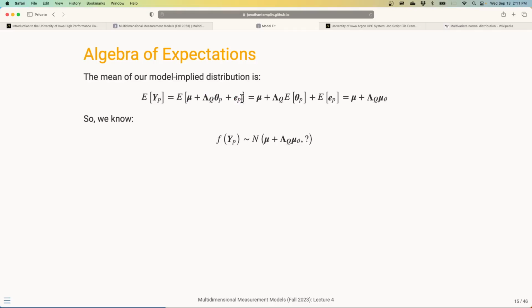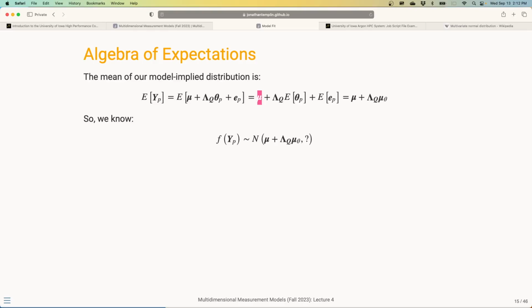And then it turns out there's a whole algebra of expectations in mathematical statistics, so you can do some shortcuts to get expectations to work. We can actually distribute this expectation across the sum. Since we have a sum here, we can distribute it. So mu turns out to be a constant, and the expected value of a constant is just that constant. So it becomes mu.